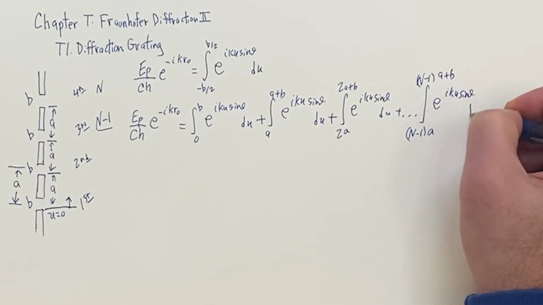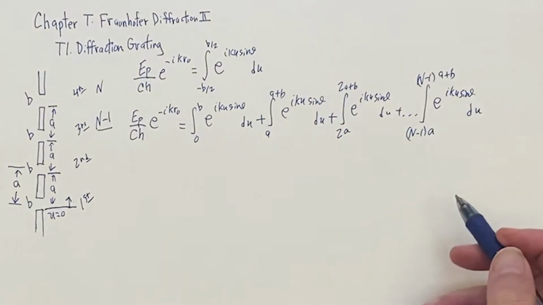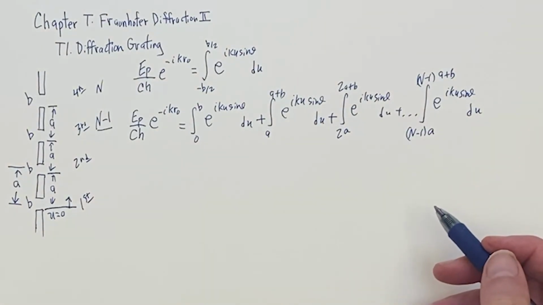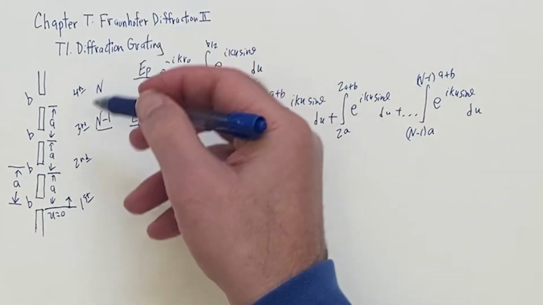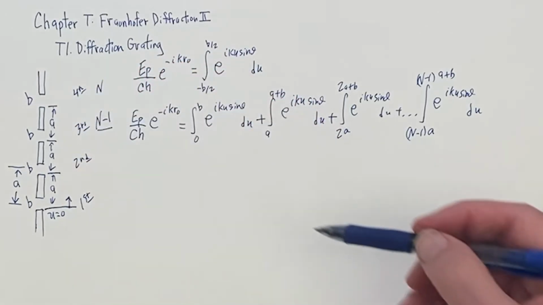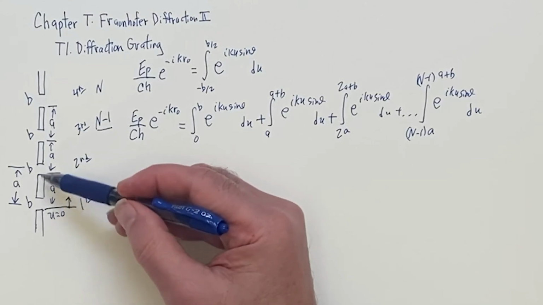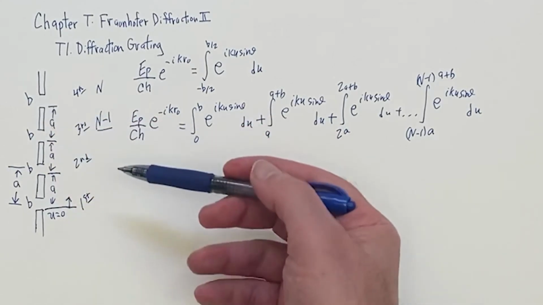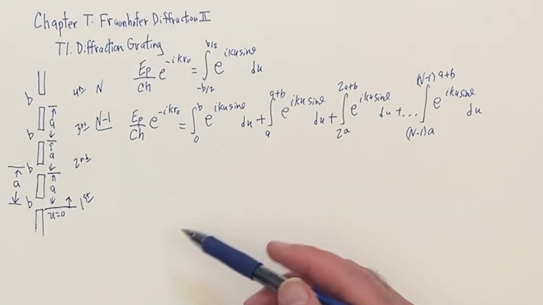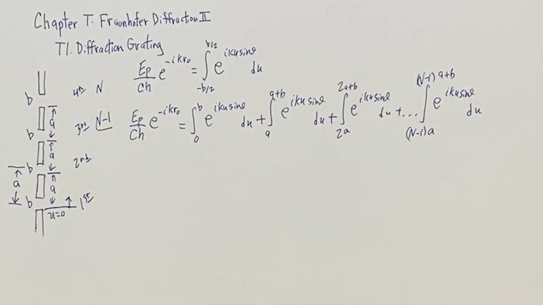And this takes care of all the slits where n can be some general case. I have 4 listed here, and notice there are 1, 2, 3, 4 integrals going on. In general, there will be n integrals.